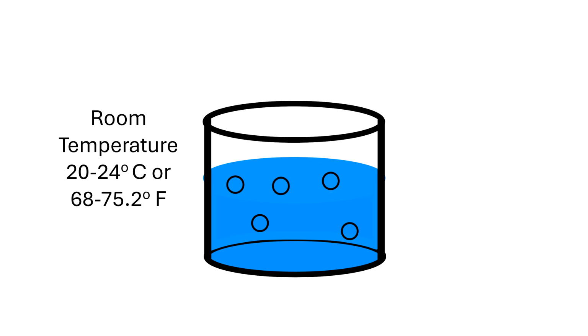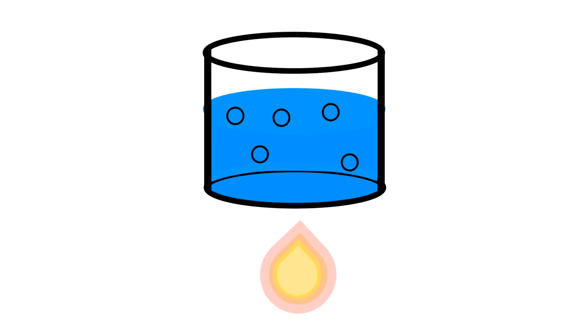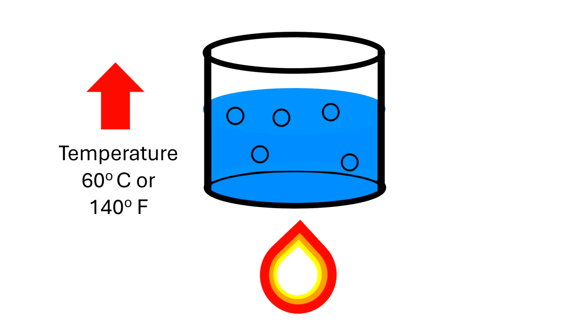Now, what happens if we increase the temperature? Well, for that, let's say we put that container of water on a heat source like a hot plate, and we set the temperature on the hot plate to 60 degrees Celsius or 140 degrees Fahrenheit.